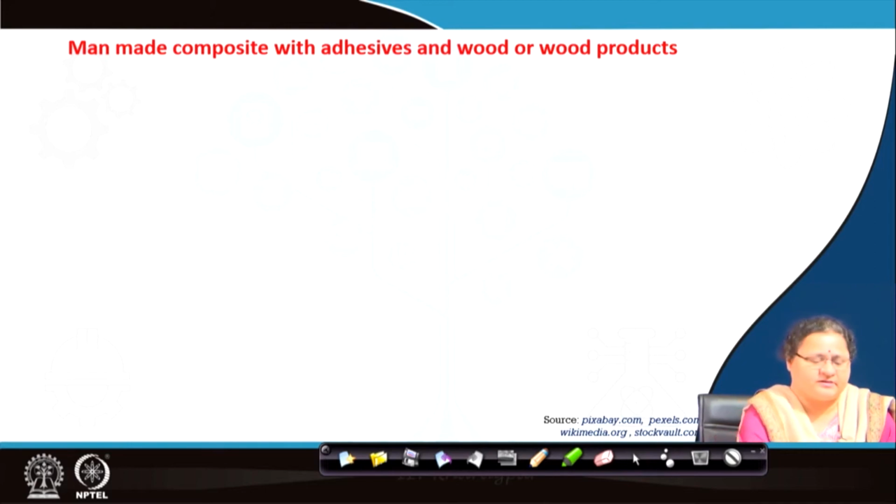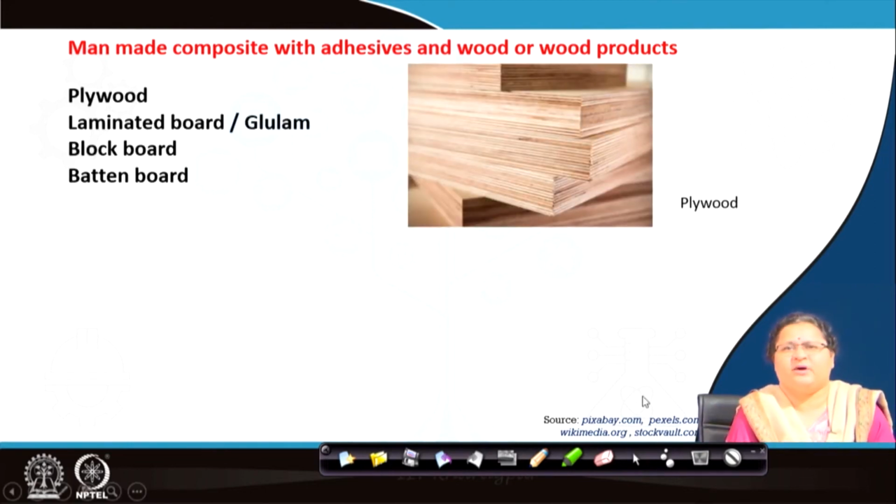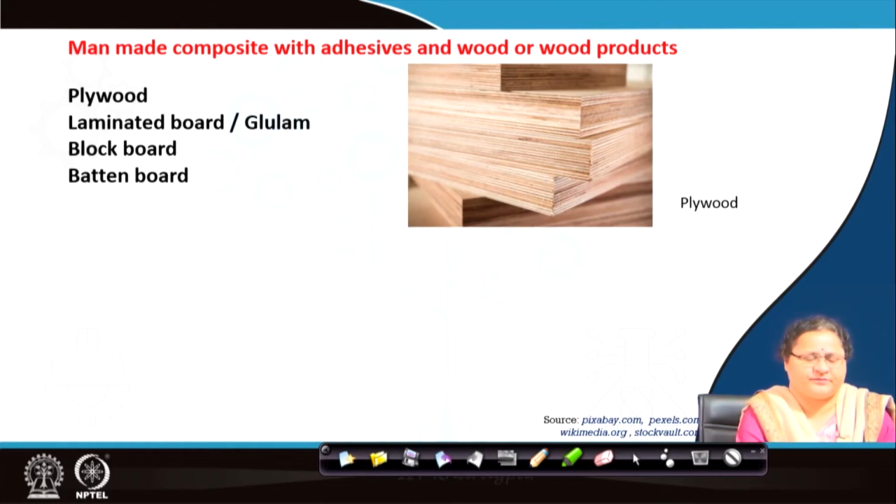as a spreading element. The first one we will discuss is plywood, which is not a byproduct but a converted wood. The others you see are laminated board, block board and batten board, which are made from the remnants of the wood industry.